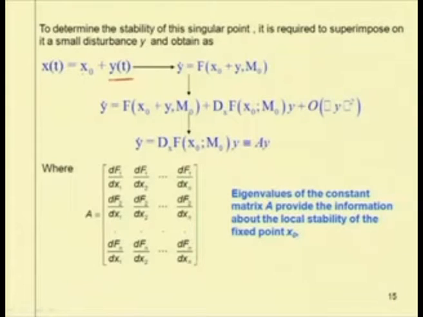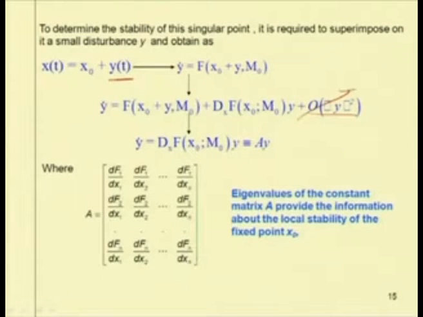One can write the governing equation y dot equal to f(x 0 plus y, controlling parameter m 0), and by expanding this using Taylor series, y dot equal to f(x 0, m 0) plus d x f(x 0, m 0) y plus higher order terms.